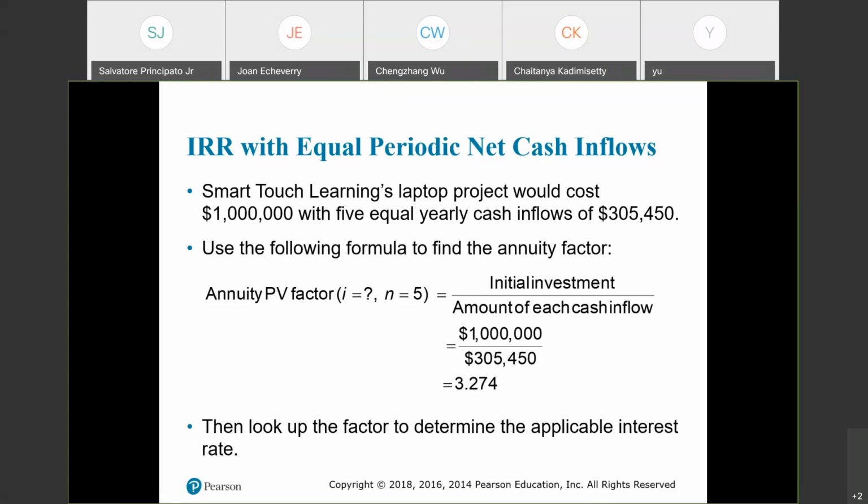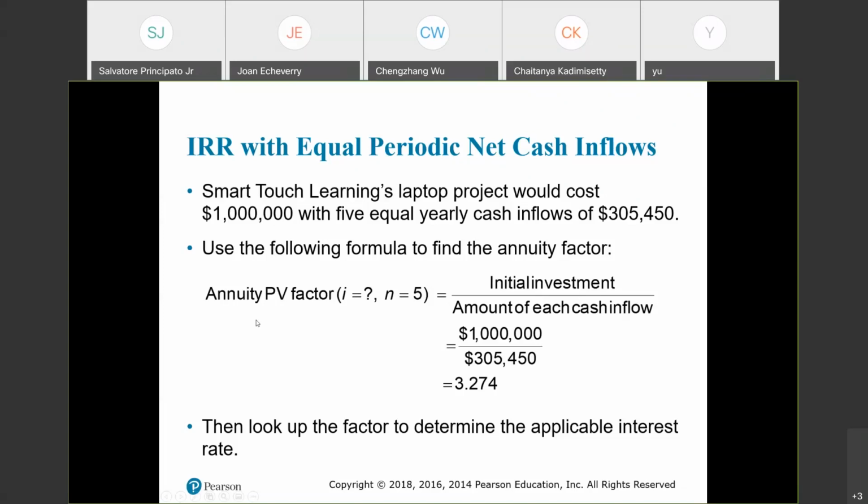If you can remember Smart Touch Learning's laptop project, this project would cost $1 million with 5 equal yearly cash inflows of $305,450 each year. To know this investment's internal rate of return, we look at this formula.